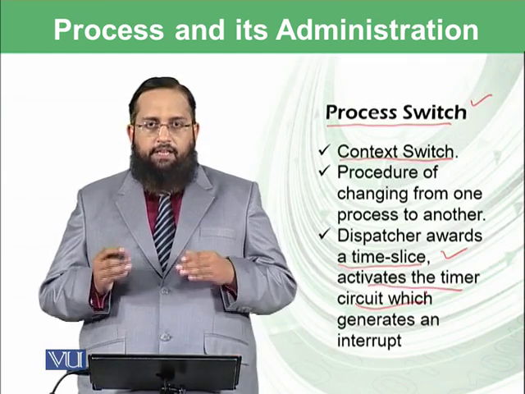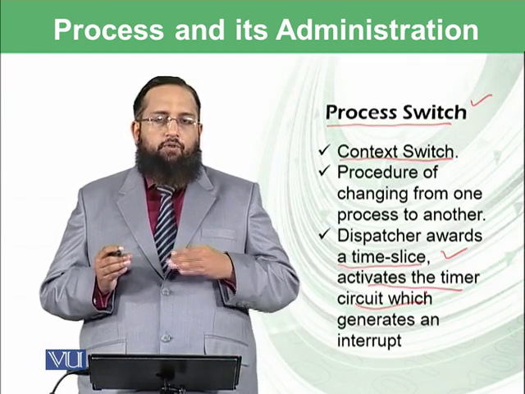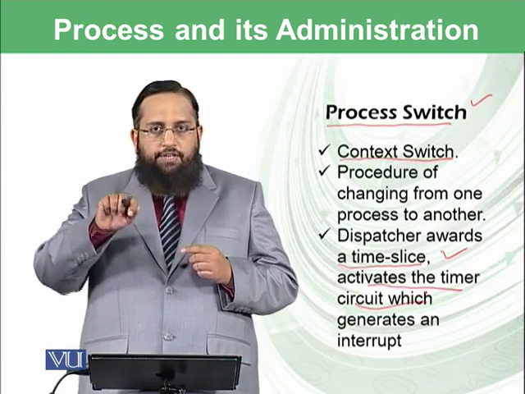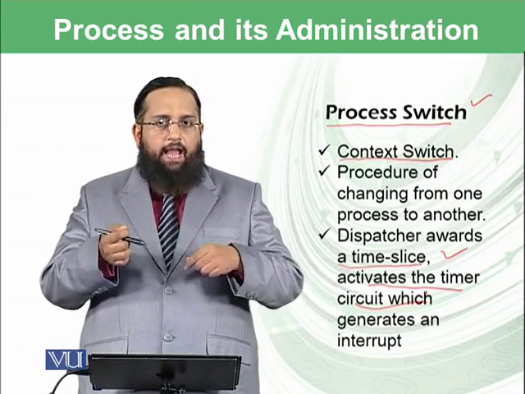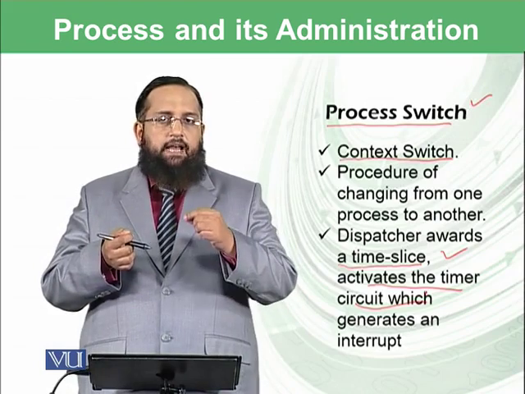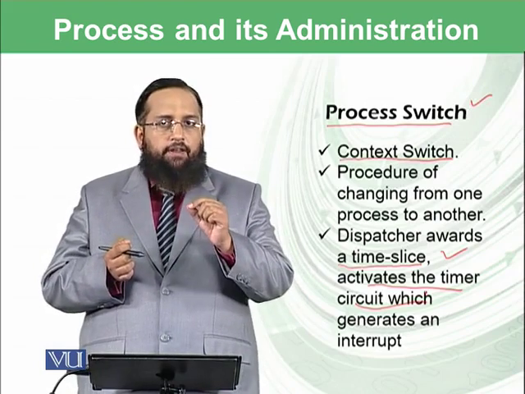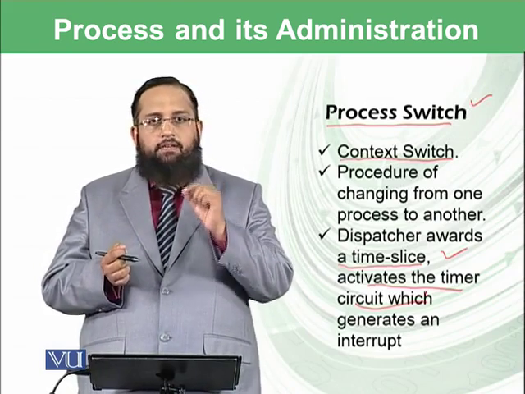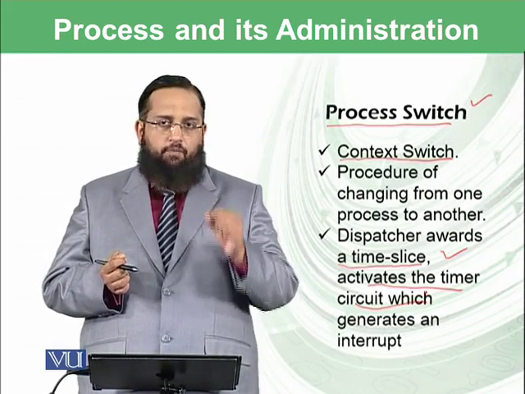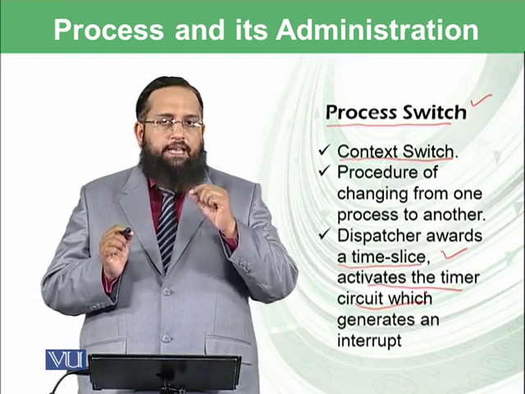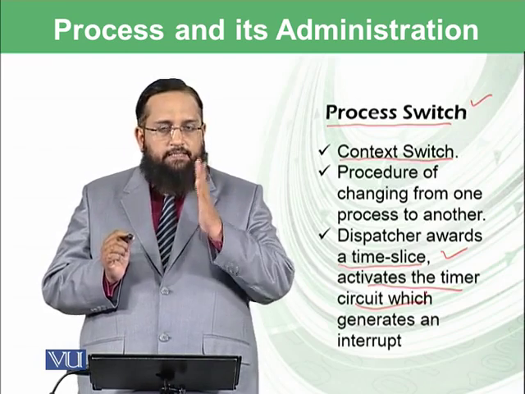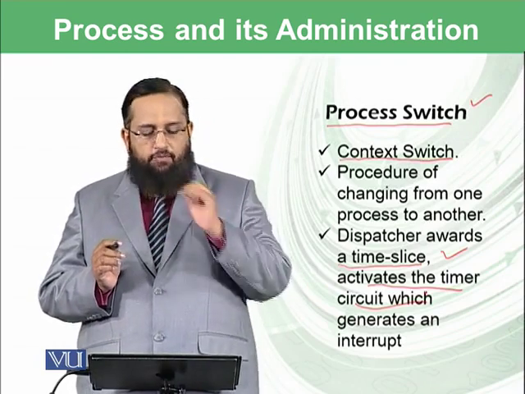Whenever it gives the CPU to any process, it also initiates a time circuit that is counting. As soon as the time circuit reaches the point equivalent to the time slice given to that process, the time circuit activates an interrupt. This means that the control should be transferred to the next process.